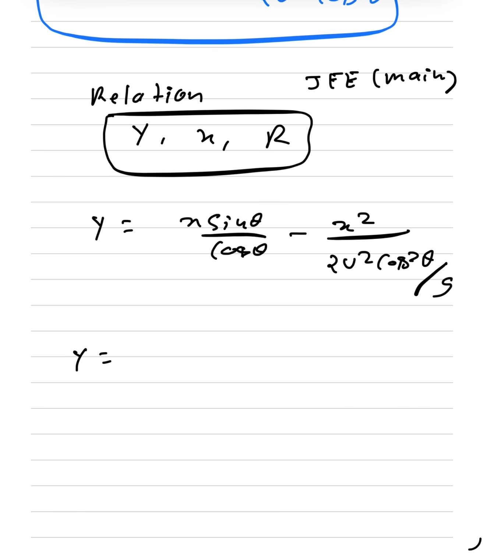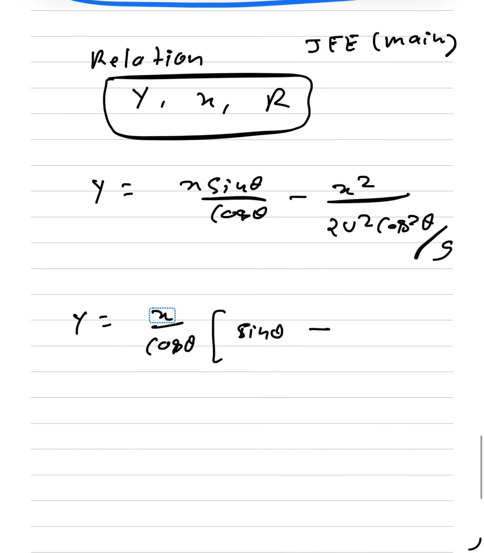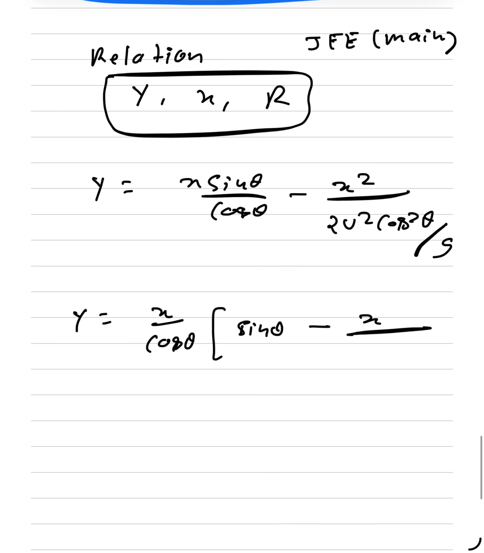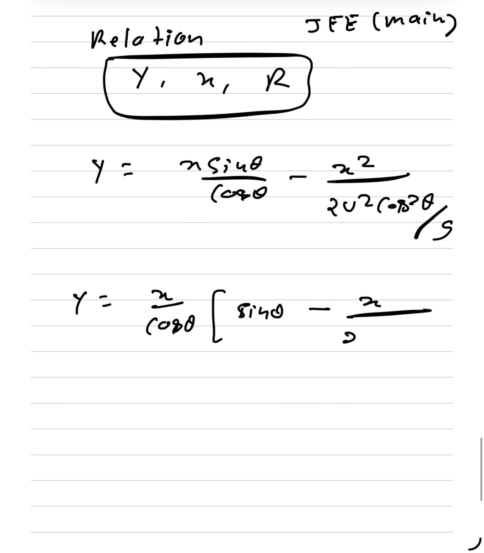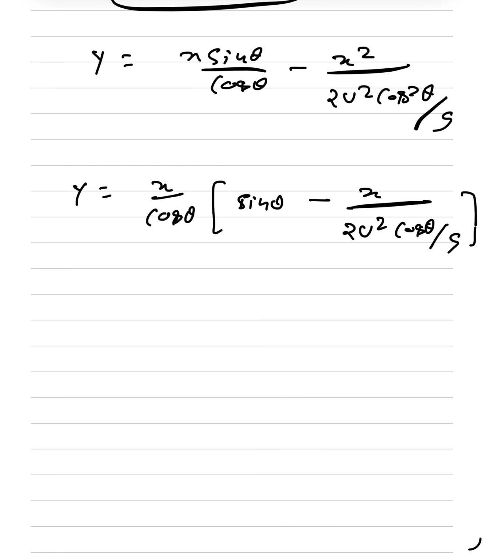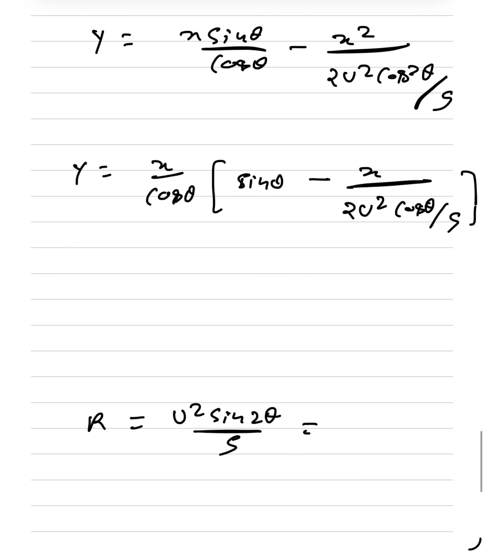Taking the common factor x divided by cos theta, sin theta is the remaining part, minus x divided by 2 u square cos theta divided by g.